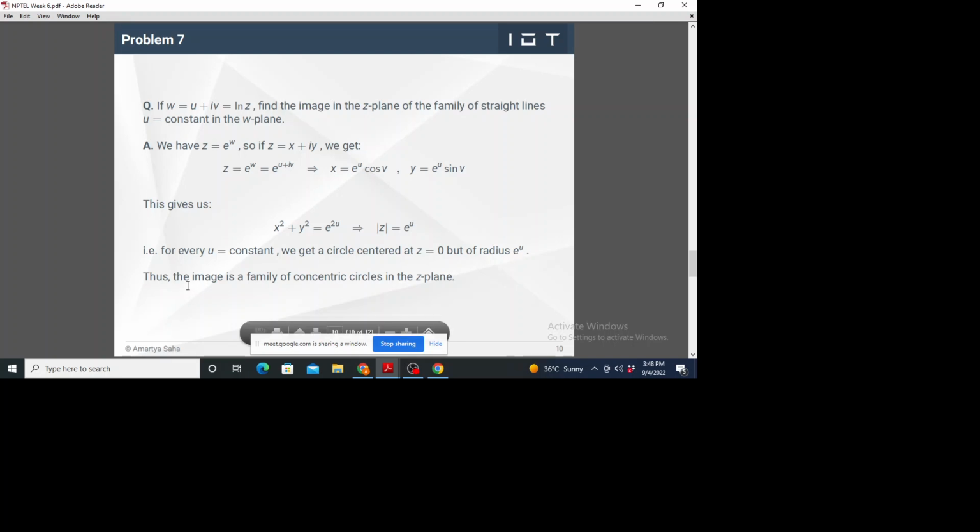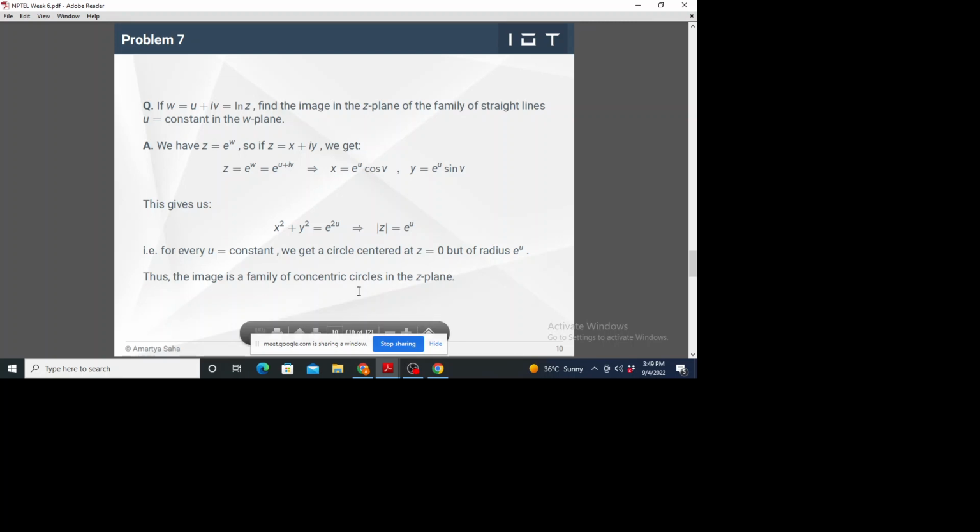That is why all the members of this family of straight lines will be mapped into circles, and all of the circles will have center at z equal to 0. But the radius will depend on the constant that parameterizes the members of the family.